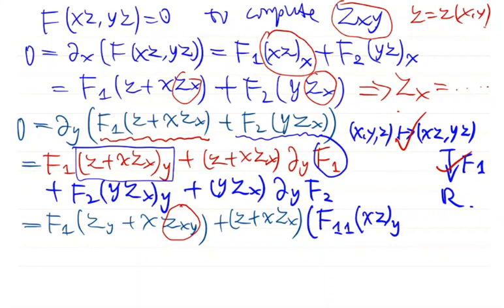Then plus the derivative of f1 with respect to the second variable, which we denote by f12, and then multiplying the derivative of the second variable with respect to y. That is z plus y zy. We should have this.